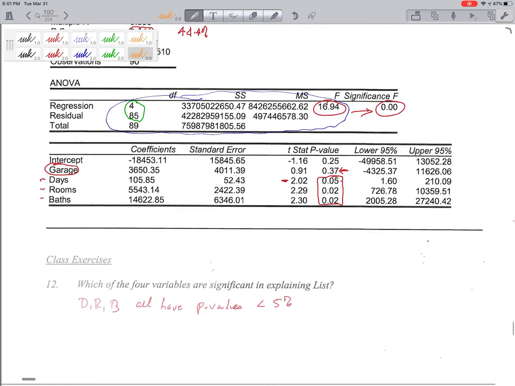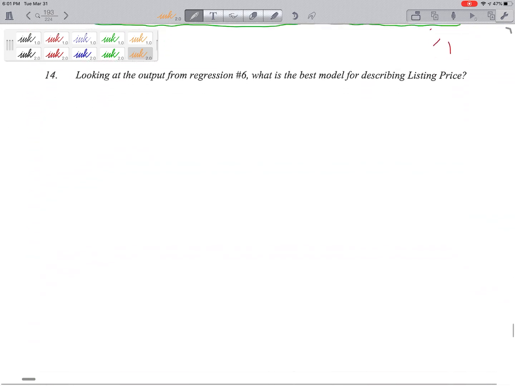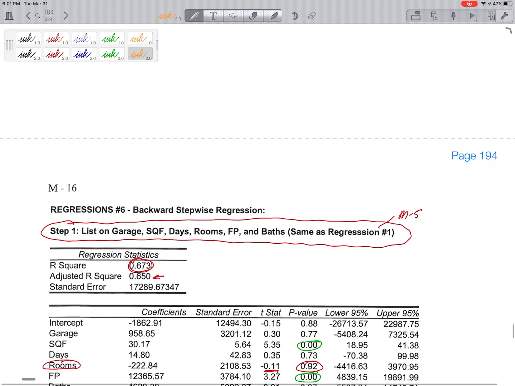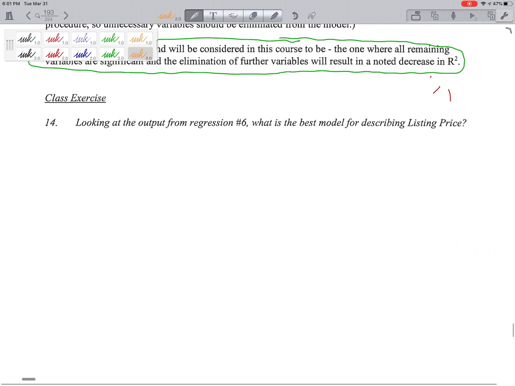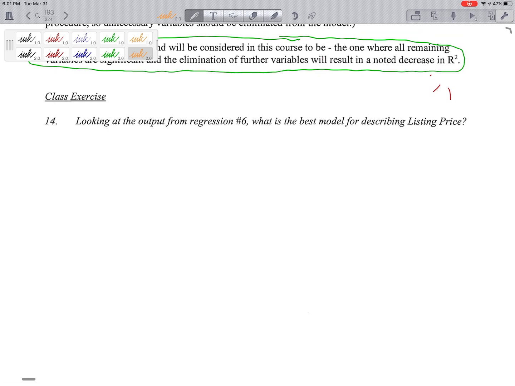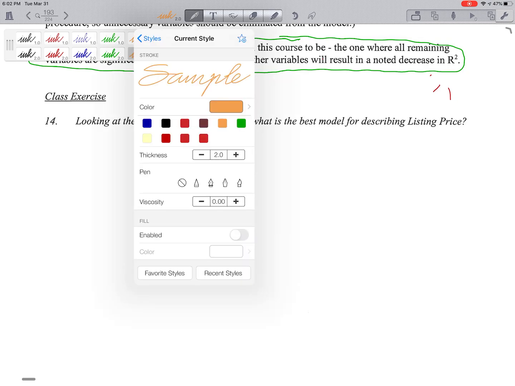So let's go down here and just fill in that last bit here, which was on page M13 here. So looking at the output from regression number 6, which is the best model for describing the listing price of the house.